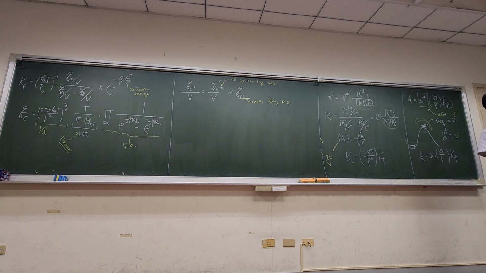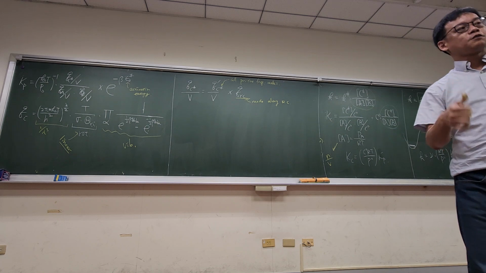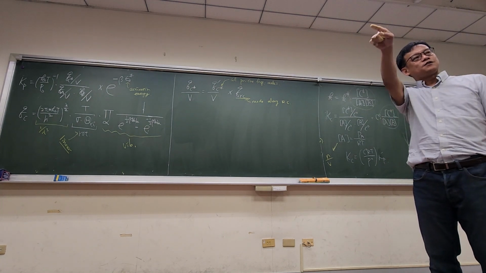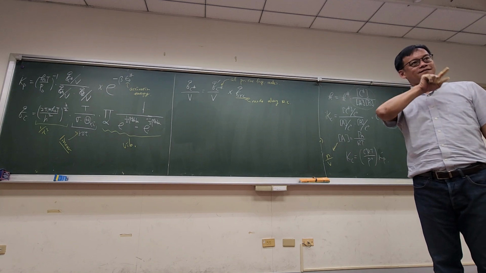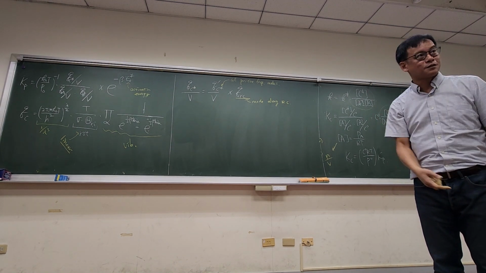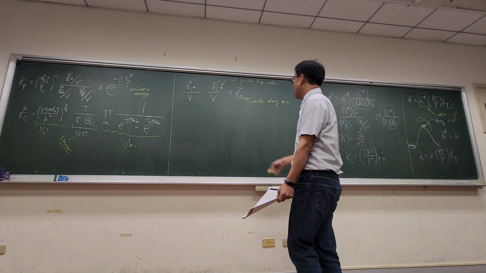So the number of vibration modes in the transition state actually is reduced by 1, because along the reaction coordinate, there's no vibration. There's imaginary frequency. And we separate this one.